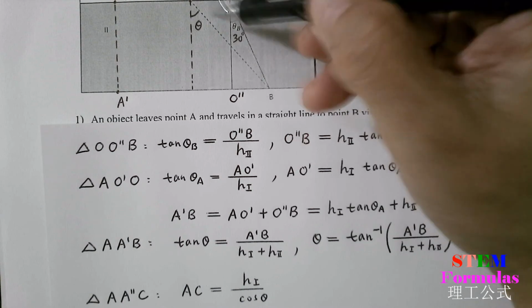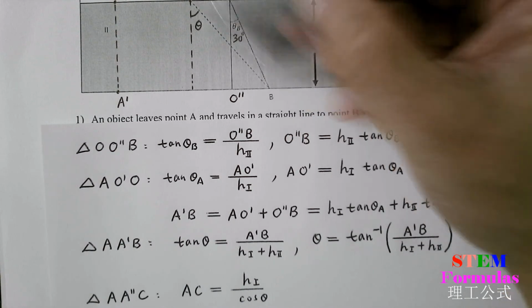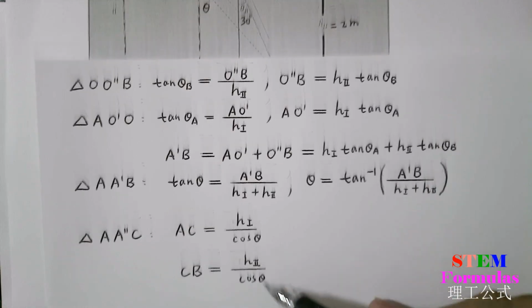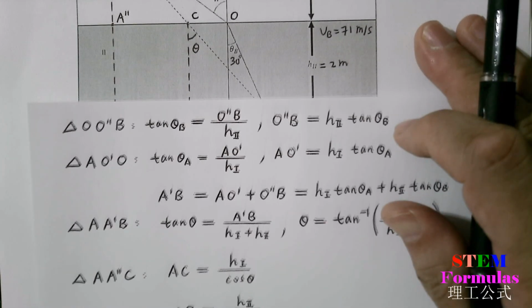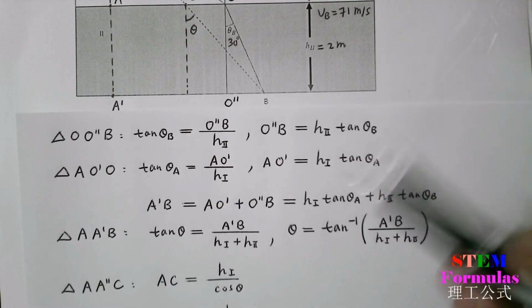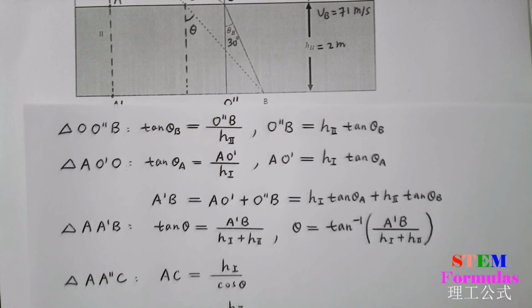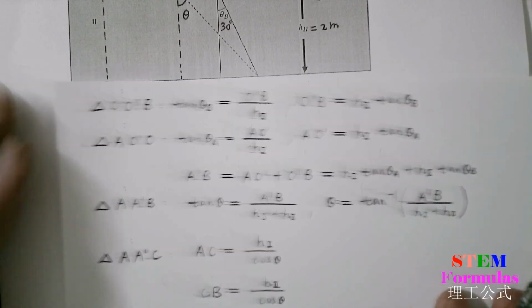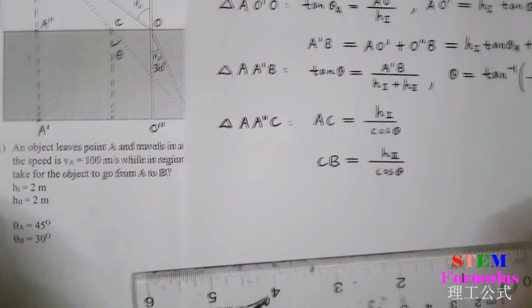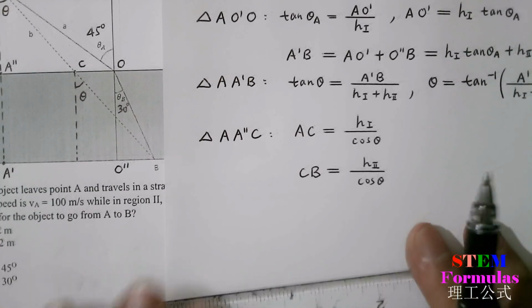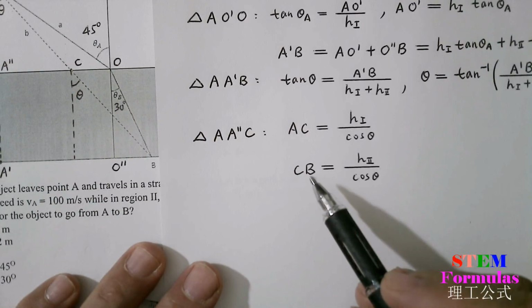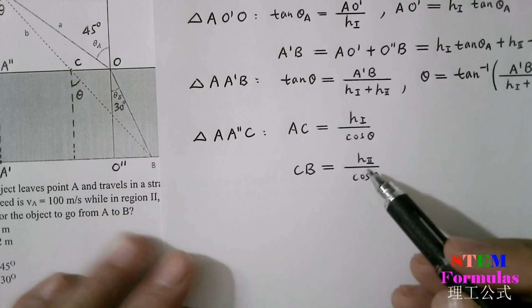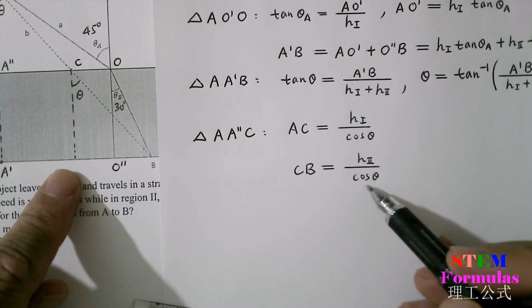So I have CB, I found out. So consider this triangle. CB equal H2 divided by cosine theta.